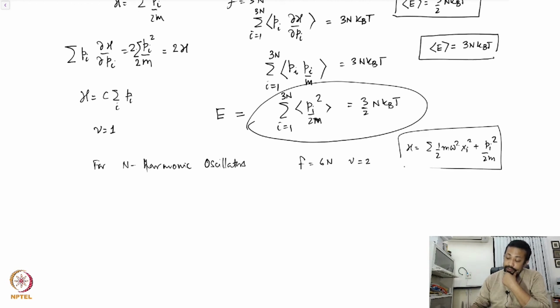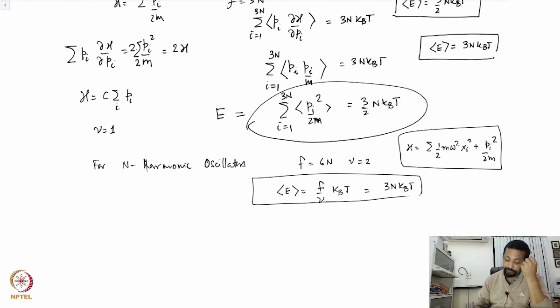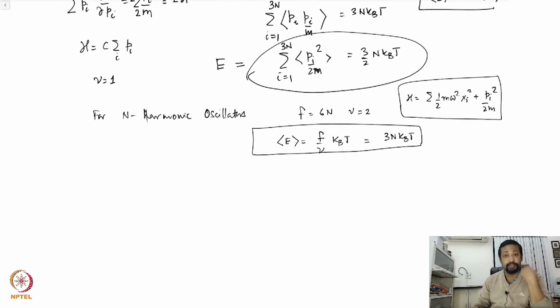This Hamiltonian is a homogeneous function of degree 2, so the average energy in this case is f over ν k_B T, which is going to be 3N k_B T. This is exactly the result we derived when we treated such a system in the microcanonical ensemble.